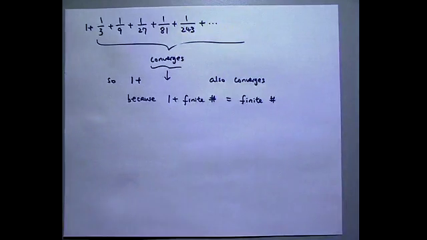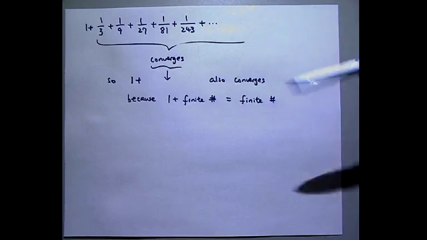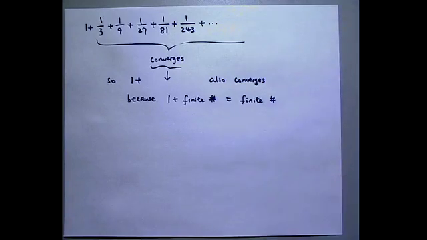Another example, we know pi converges, and I can write pi as a big series. 1 plus pi is still a finite number. All these finite numbers added together is another finite number. So that's another concept we'll need later on. By adding something to a convergent series, I don't change the convergence property.